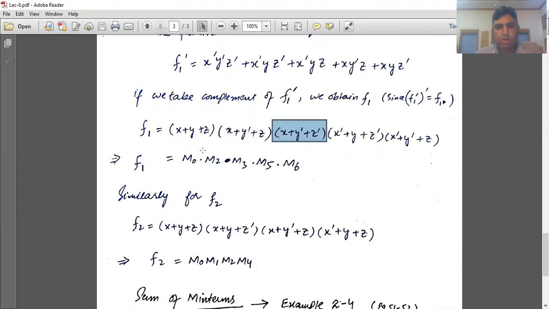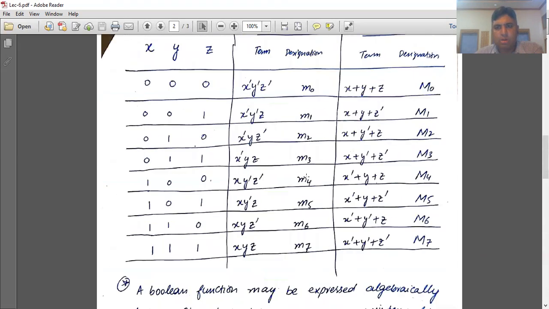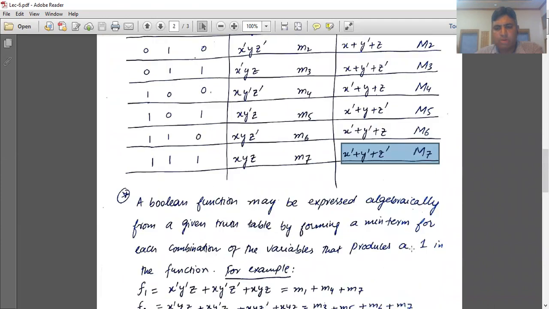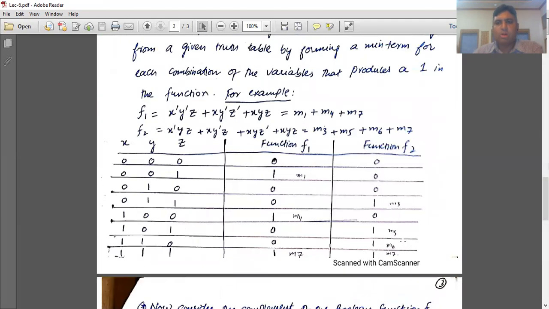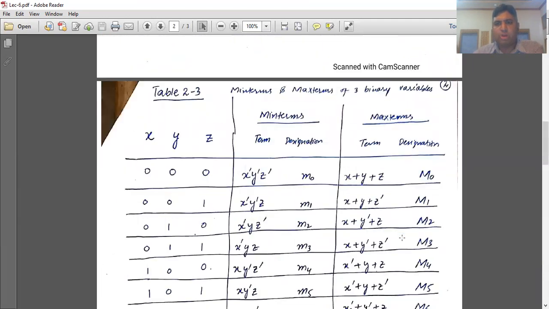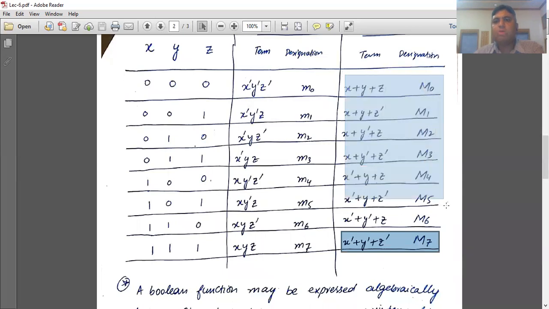This third term is equal to M3, the fourth term is equal to M5, and this last term is equal to M6. You can read these terms like here, this is M3, this is M6, and this is M7. Each maxterm you can read from this table.